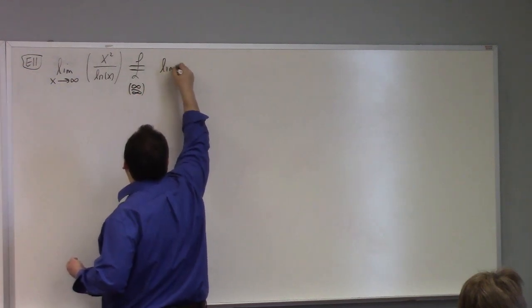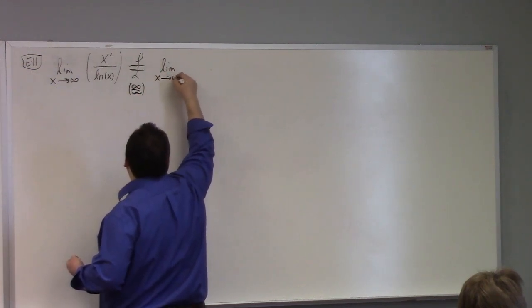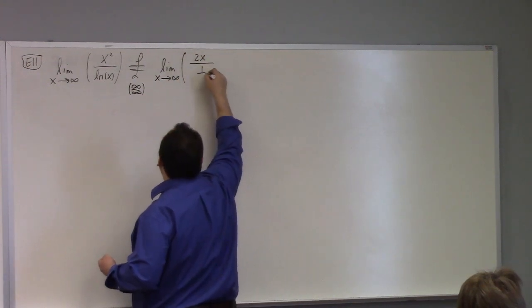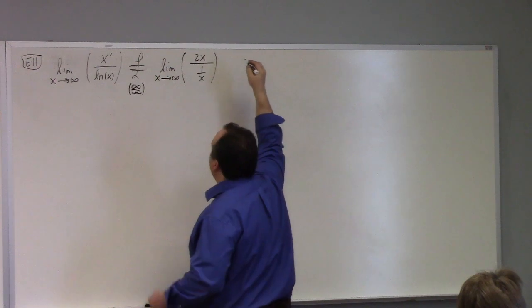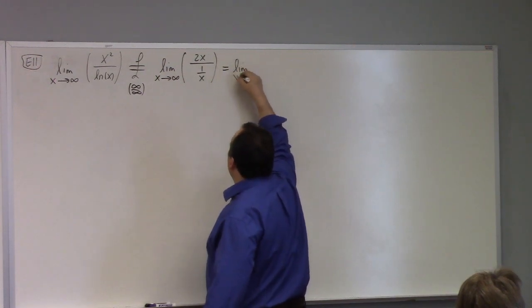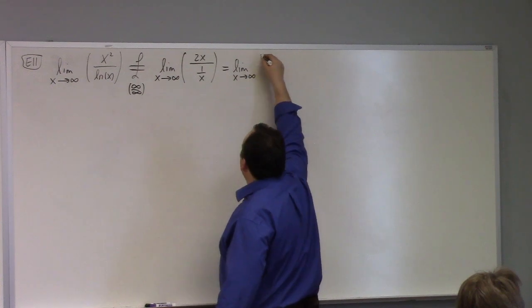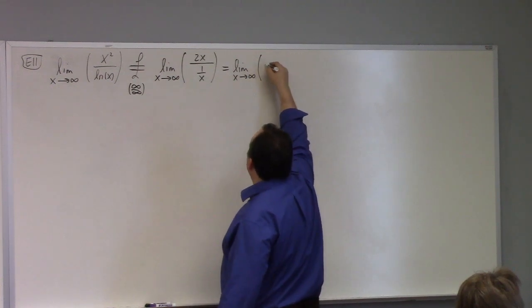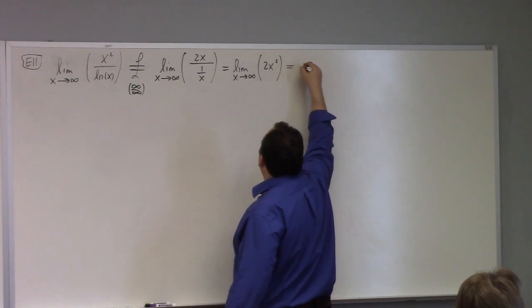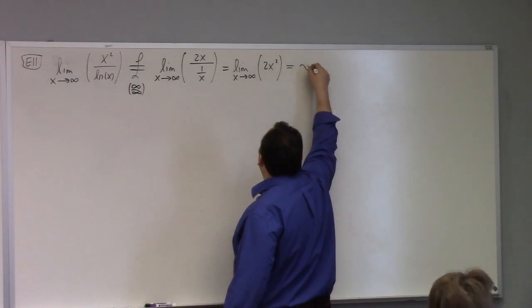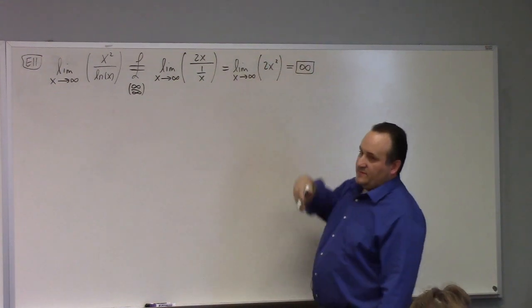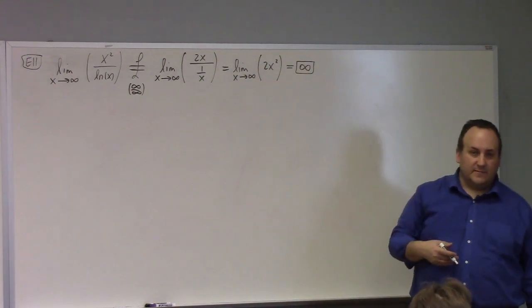And so we got the limit as x goes to infinity of 2x over 1 over x, which is the limit as x goes to infinity of 2x squared, also known as infinity. So yeah, apparently the x squared won, right?